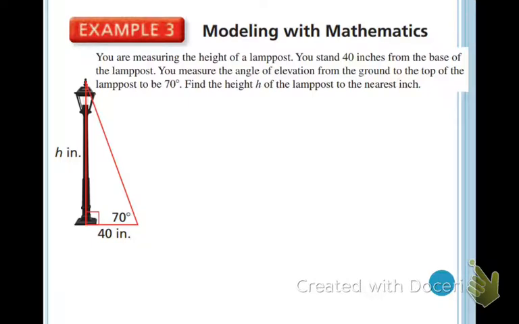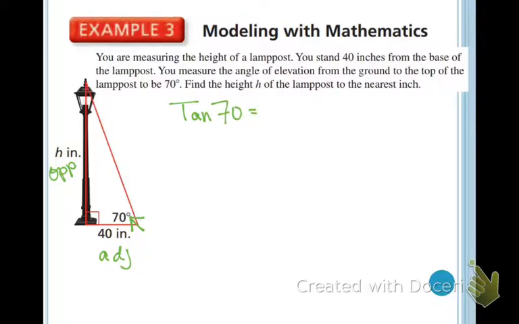So because we're given an angle and a side, we're going to use trig ratios to find our new side. So from 70 degrees, we're going to label the sides. What kind of side is h? Opposite. What kind of side is 40? So which trig function are we going to use? Tangent. So tangent from what angle? 70.